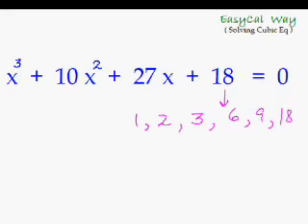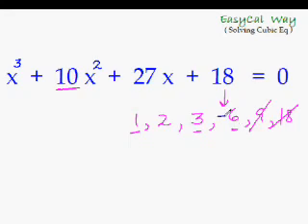Now once again, since this equation has all the plus signs, we need to select three factors out of these whose sum is 10. So obviously it can't be 18, as 18 itself is greater than 10. It can't be 9 either, as we can't add two more factors to 9. So now only 4 factors are left. 6 plus 3 is 9, and 9 plus 1 is 10. So that means the three factors are 1, 3 and 6.